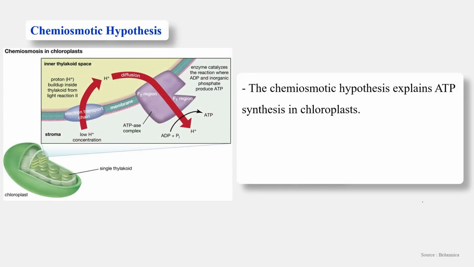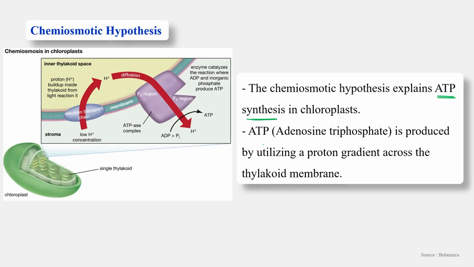So the chemiosmotic hypothesis explains ATP synthesis in chloroplast. ATP, adenosine triphosphate, is produced by utilizing a proton gradient across the thylakoid membrane.